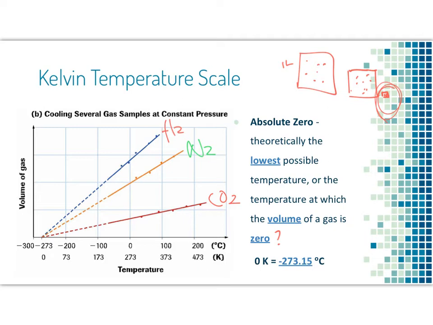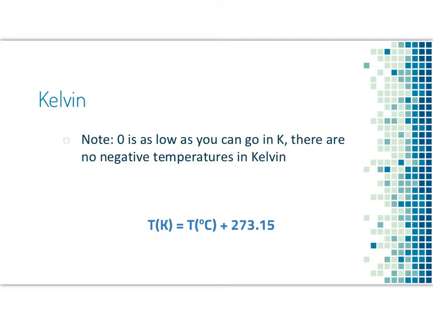This is hypothetical land where we assume. All right. This is also the point where everything would stop moving. No particles would even be vibrating within a solid. There is absolutely no movement at all. Again, note that 0 is as low as you can go in Kelvin. There is no such thing as a negative temperature.